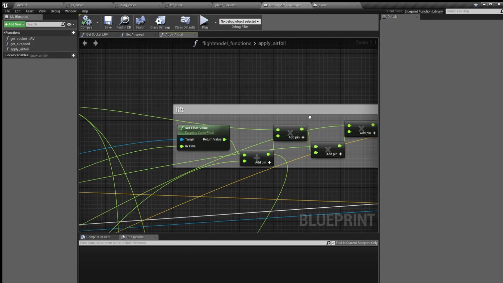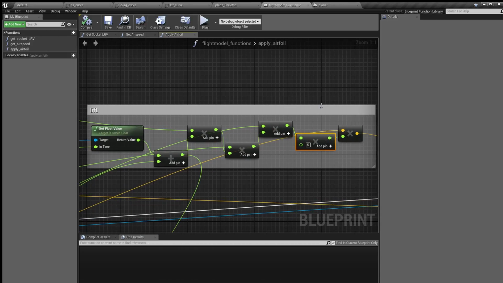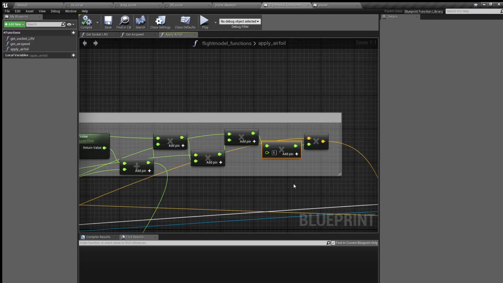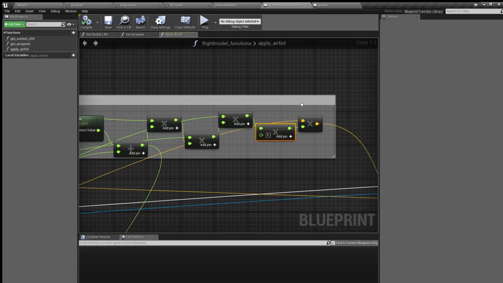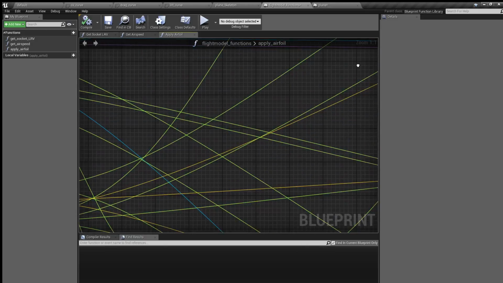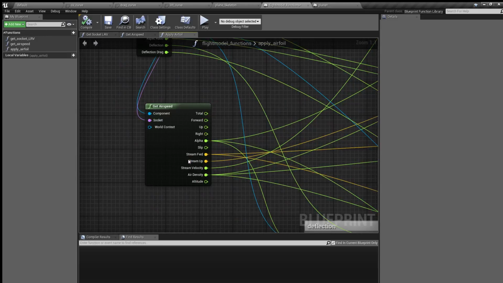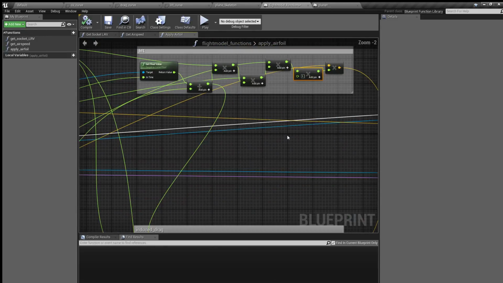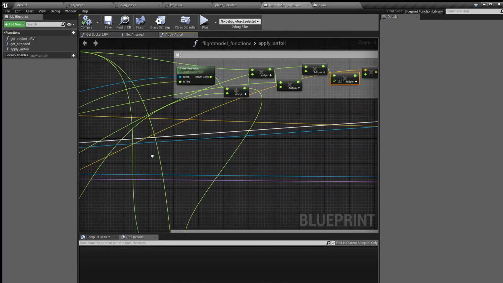The actual formula will give you results in newtons, but in the formula you're supposed to divide it by 2. So I just collapsed this 2 into one node. This is then multiplied by this upward component of the airstream, and that's your resulting lift.